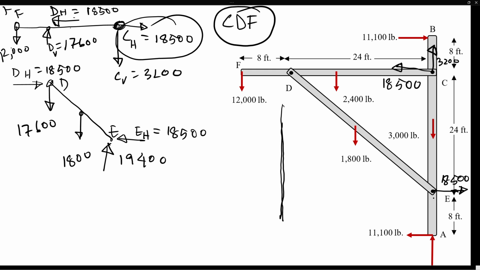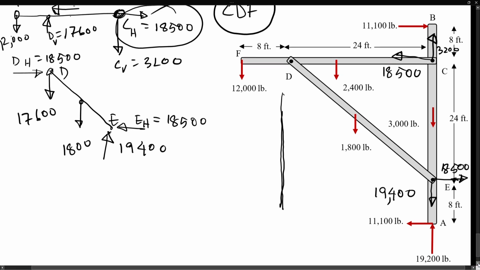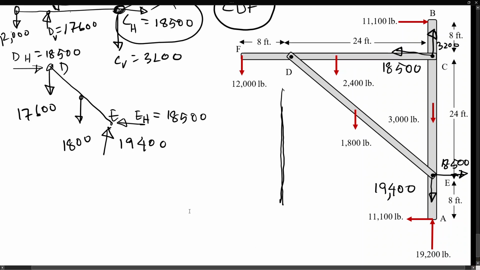And then at E, for the DE member, the vertical reaction was acting upwards, so it's going to be exactly the opposite direction with the same force, 19,400.